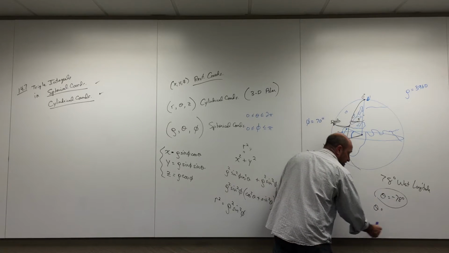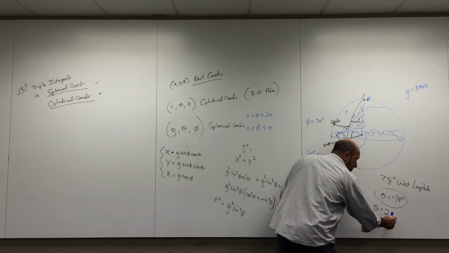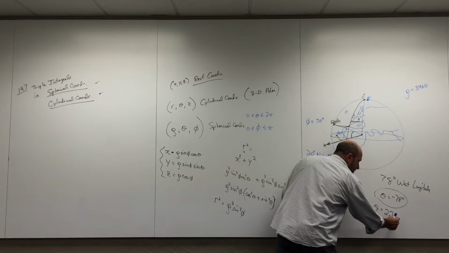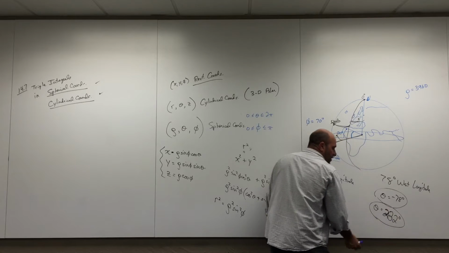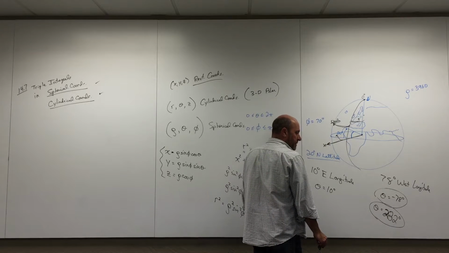What's 360 minus 78? 282? Yep. 282. Faster than a calculator. That's right. Or 282 degrees.